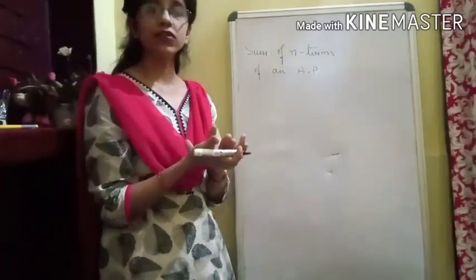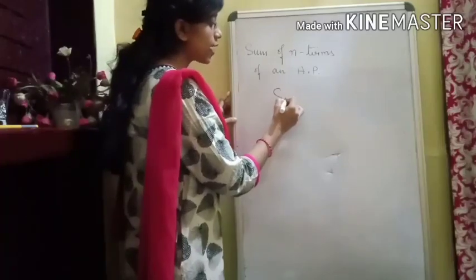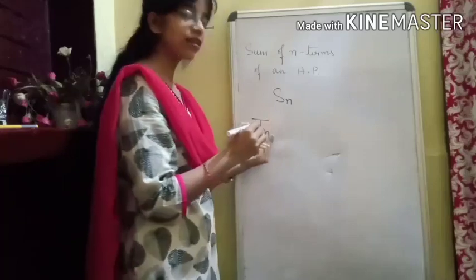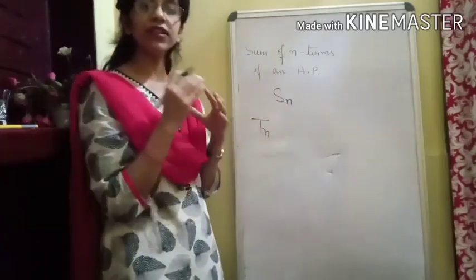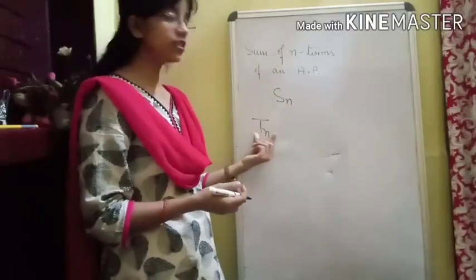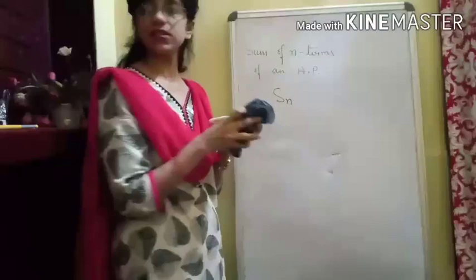To find the sum, there is a formula which you can apply, that is Sn. Earlier we were using Tn for the term. Whenever a term is asked, we use Tn. Now we are going to find the sum.